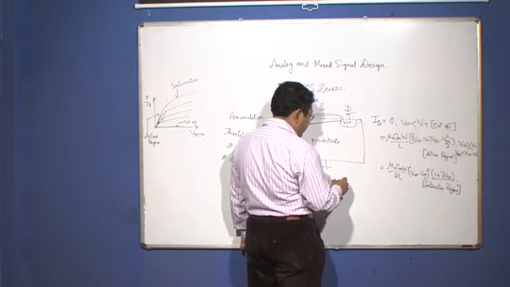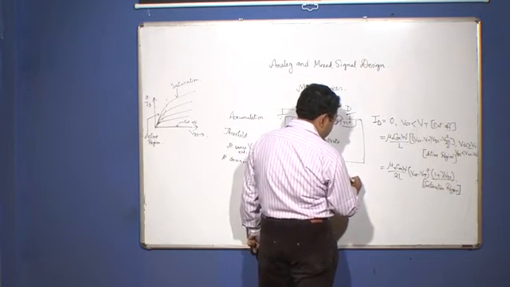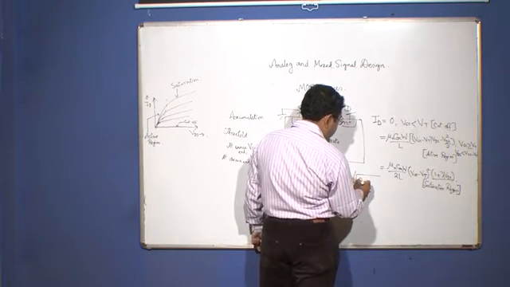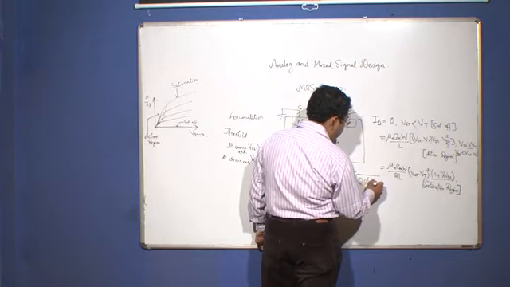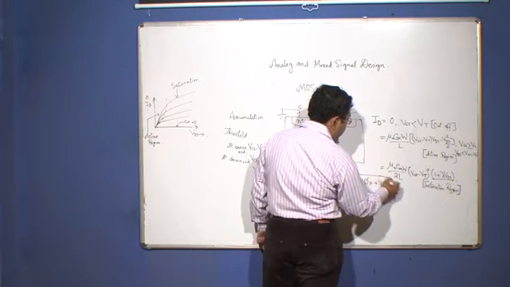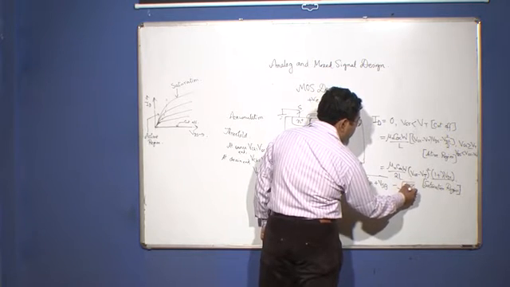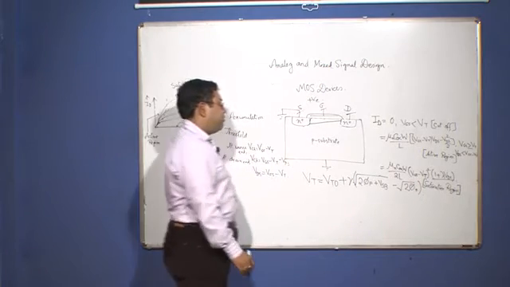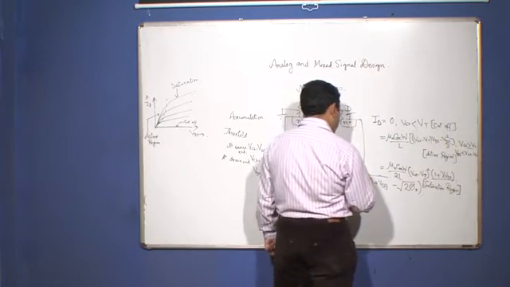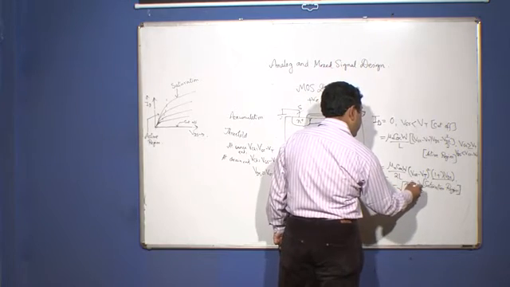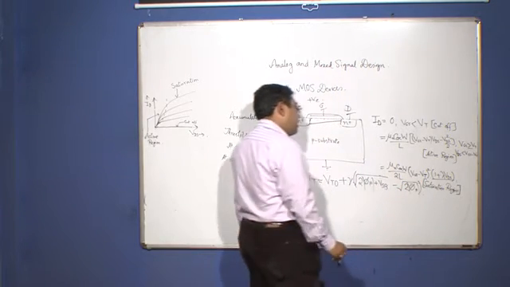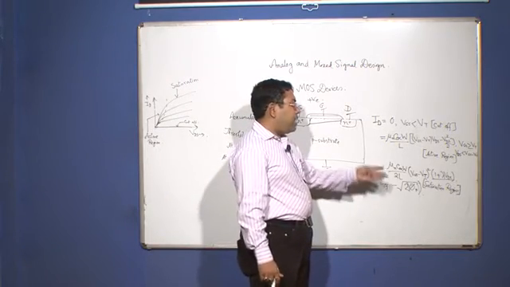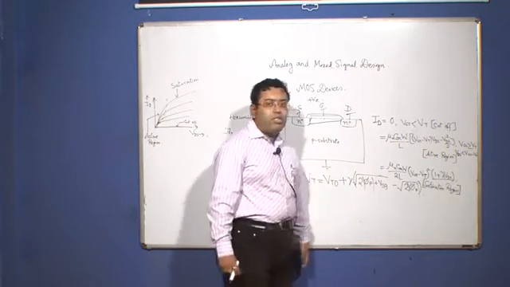So Vt equals Vt0 plus gamma root over, where phi f is the flat band voltage. You can see that as you change the bulk source voltage, the threshold voltage also keeps on changing.